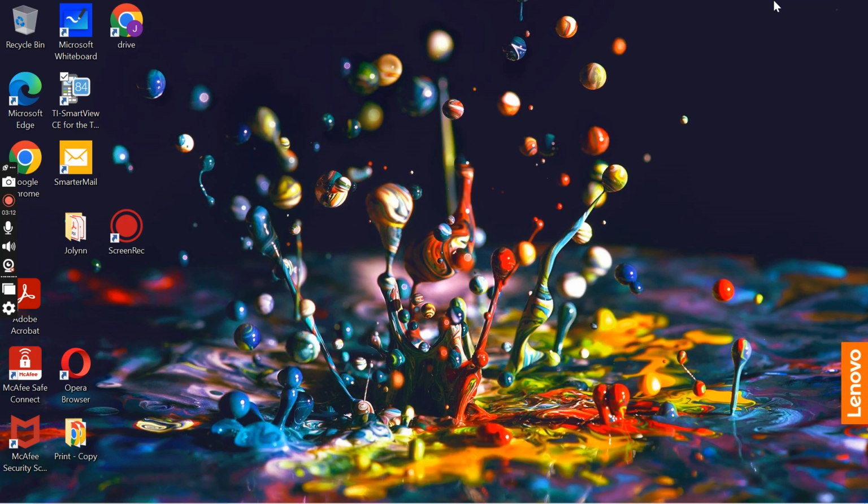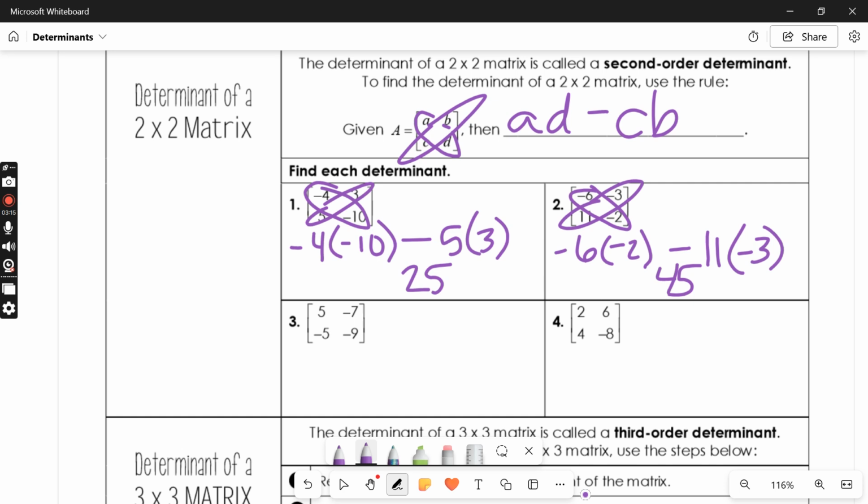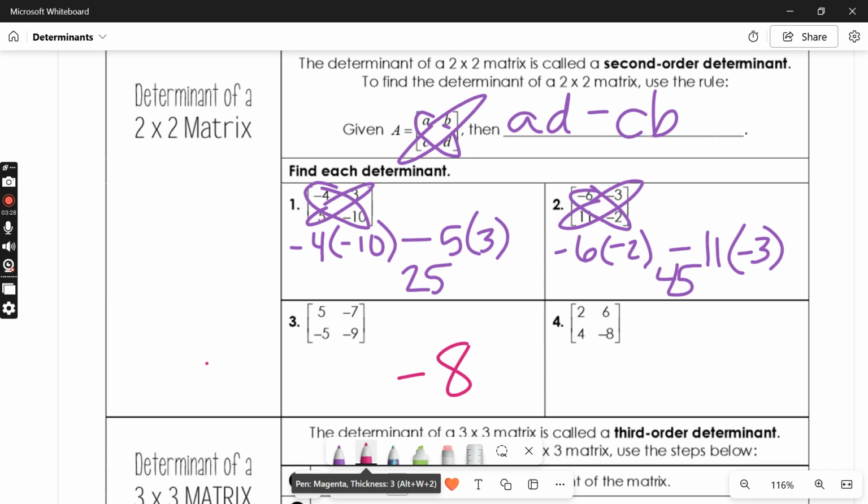So you can use your calculator to check those if you'd like, but go ahead and do 3 and 4, and then verify that you get the same thing. On number 3, we should get negative 80. And on number 4, we should get negative 40.